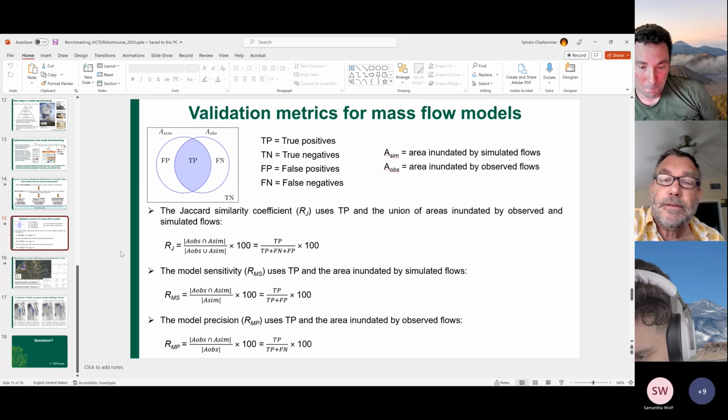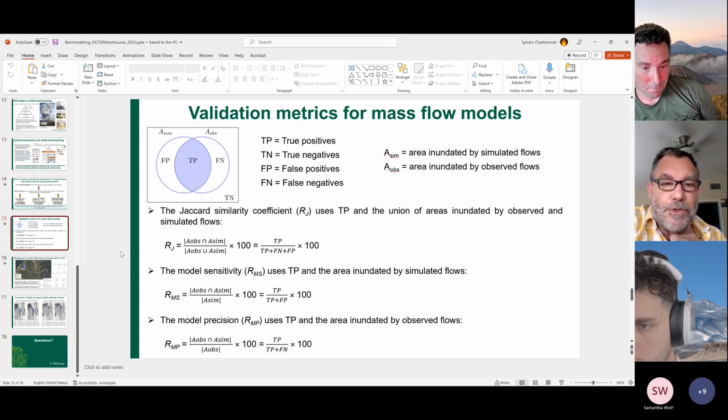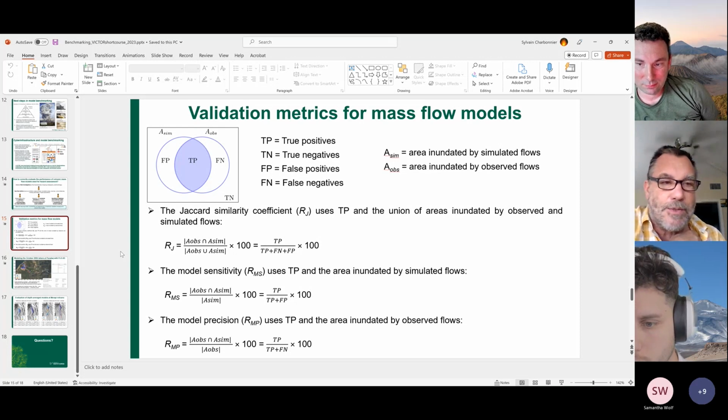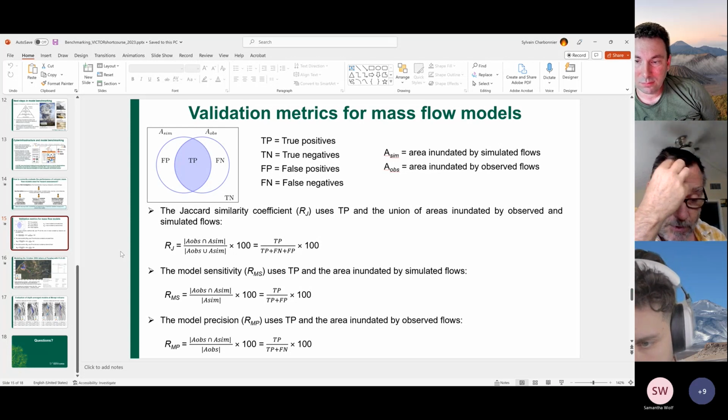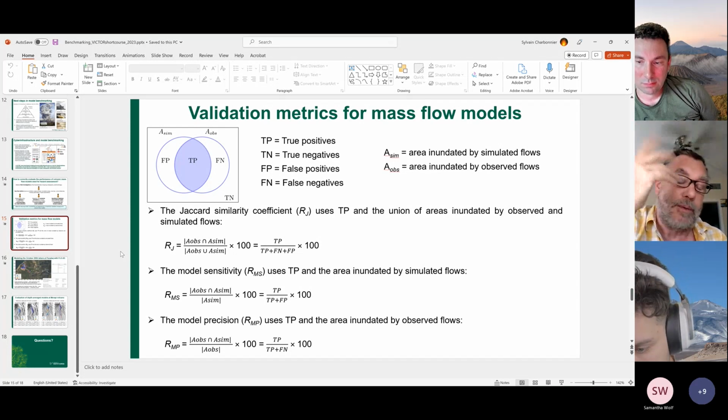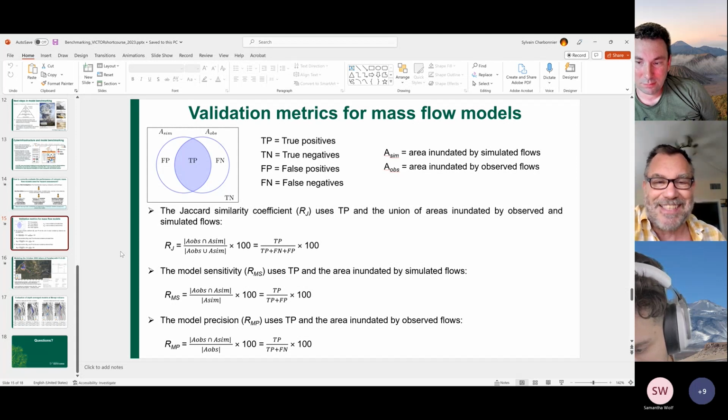Yeah. The version control also becomes really important, right? Because with MOLASSES, I know that MOLASSES was compared to the Tolbachik 2012 flow, and that was pretty cool and successful. But since then we've modified MOLASSES.